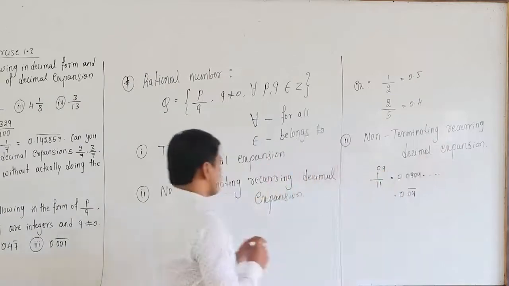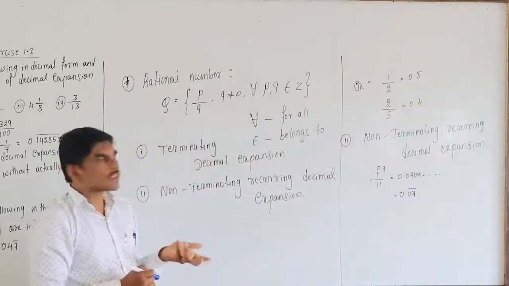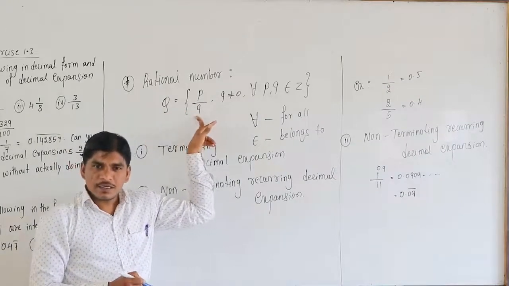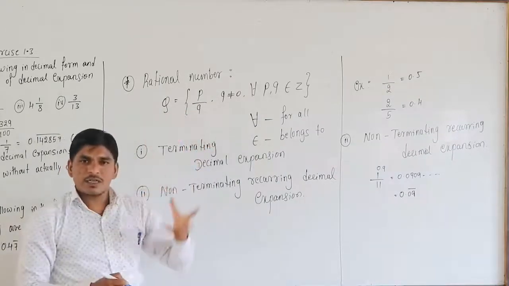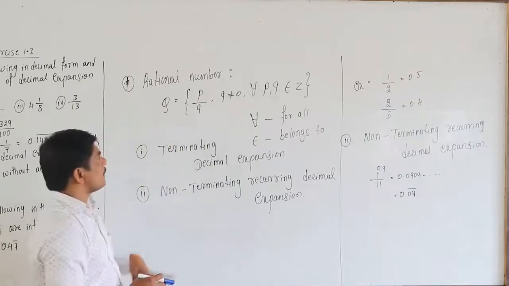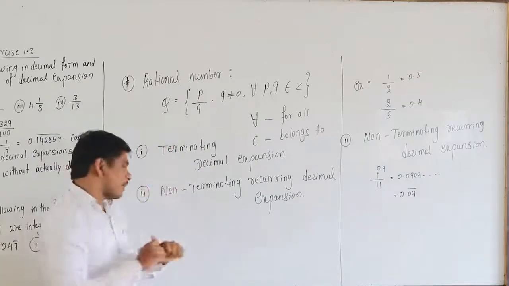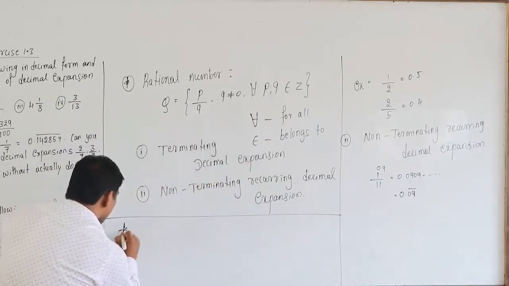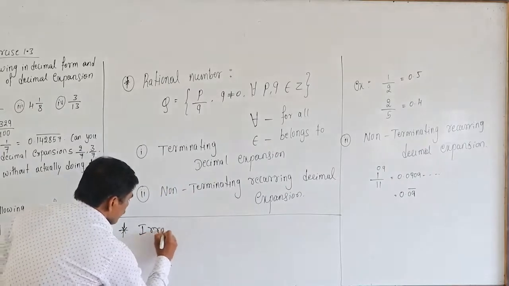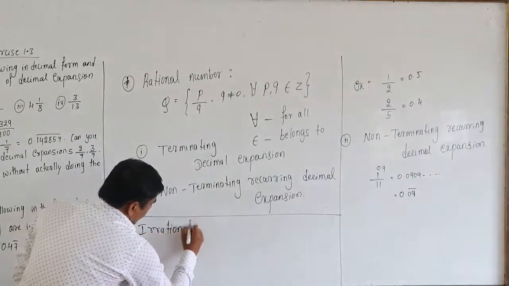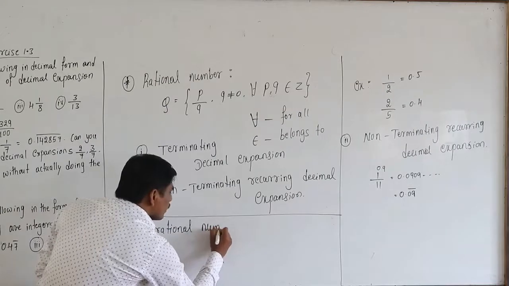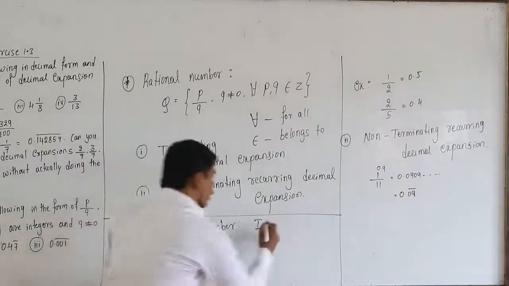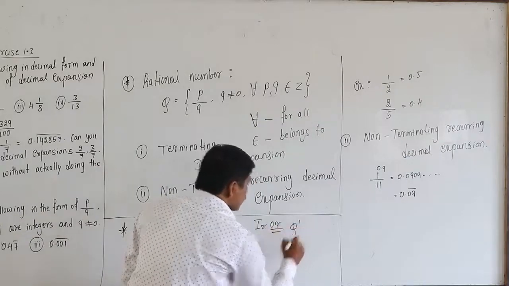And one more is irrational numbers. Irrational numbers are numbers that are not in the form of p by q. I have already explained this in the irrational number definition, but once again I will explain here. Irrational numbers are denoted by IR or Q dash.